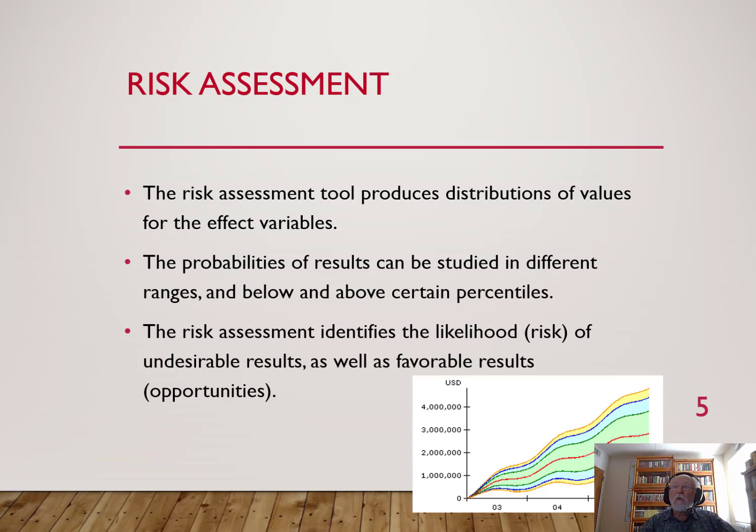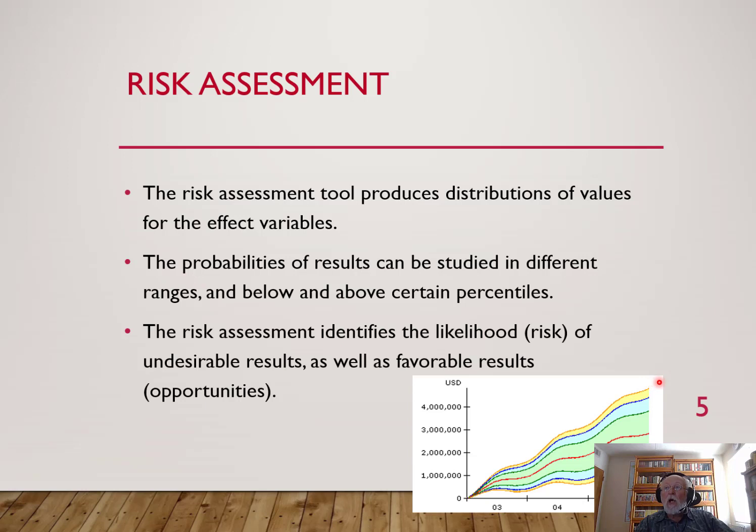So when you're dealing with clients or working on your own, you can see from the start of time of this particular simulation, over time, this value, whatever it might have been in US dollars, has this range.